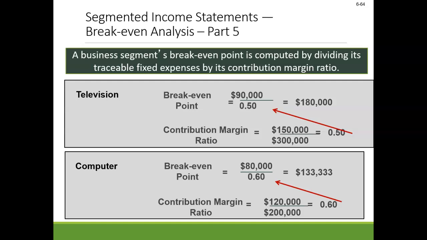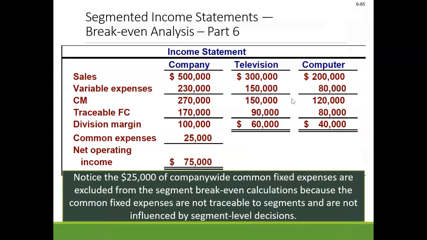So here we can then do it by each unit or each segment. We can take our contribution margin ratio by each segment and then figuring out those traceable fixed expenses in order to break even by each of those segments. So the 25,000 common fixed expenses aren't part of the break even for those individual segments, okay, since they're not traceable back to those segments.